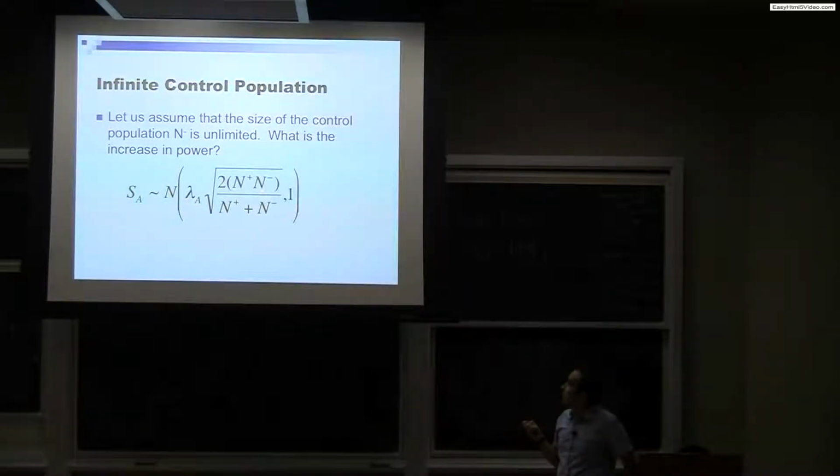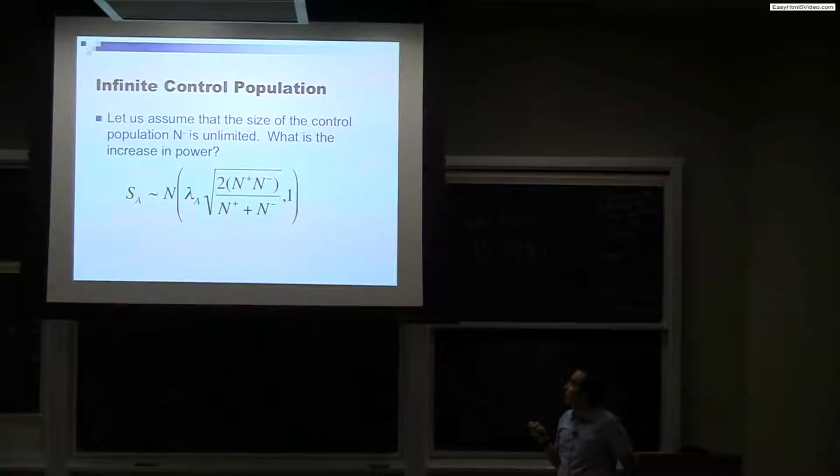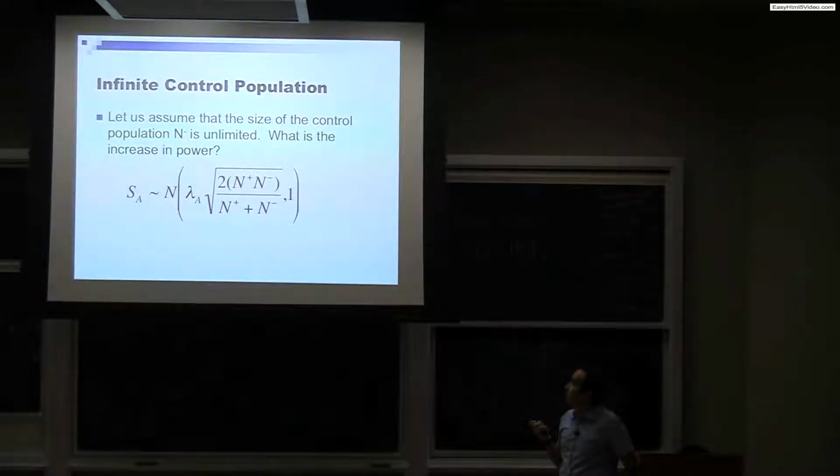And here's an interesting question, and this is a grad student question on the homework, which is, what if the size of the control population n- is unlimited? What is the increase in power? This is a grad student question, so it's not on the homework for everyone. But here's the intuitive idea. Let's say I'm interested in a disease that only has 10,000 people in the world that are affected.